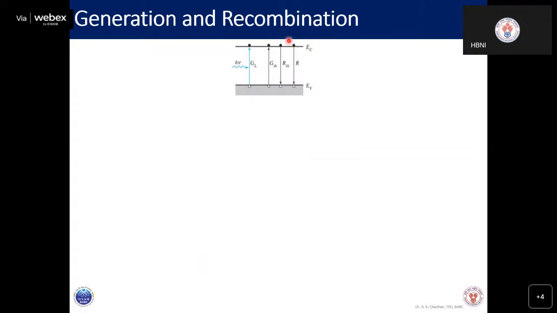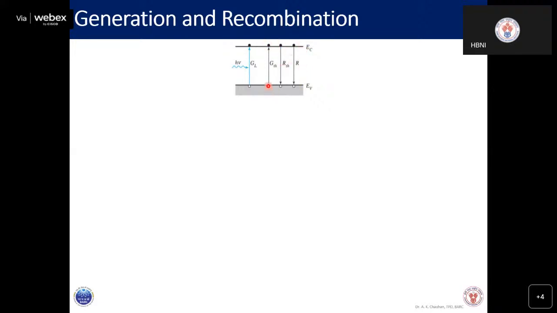So here, if you just try to explain, this is thermal generation. This is thermal recombination. Thermal generation means that at every temperature, due to the Maxwell-Boltzmann distribution, even at room temperature where the energy is very low, a certain fraction of the electrons will have sufficient energy, more than the band gap.